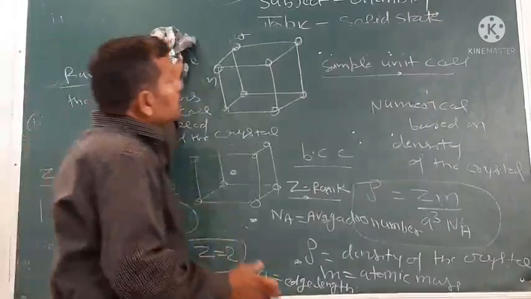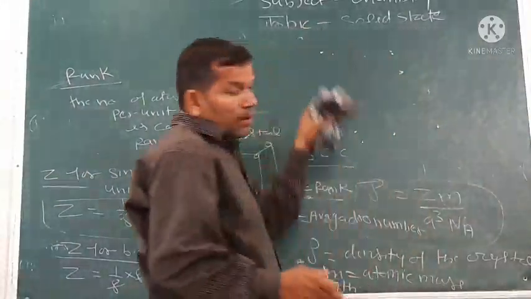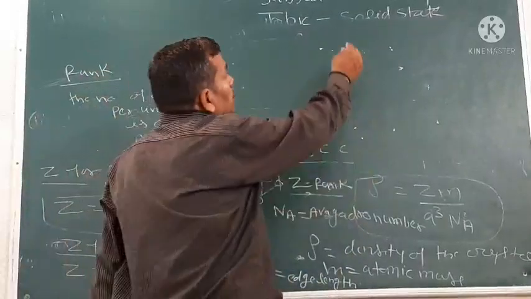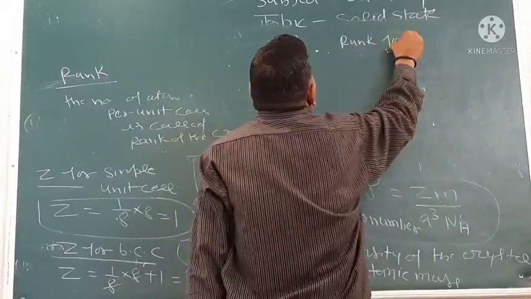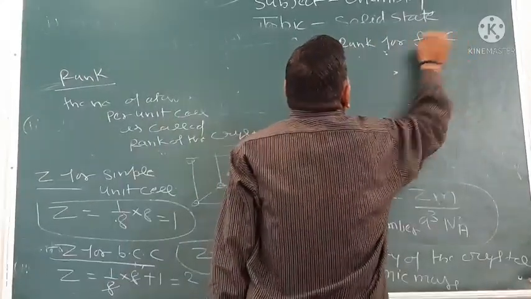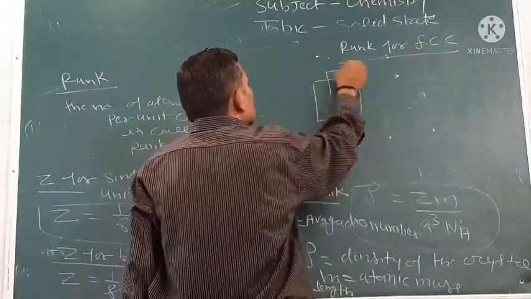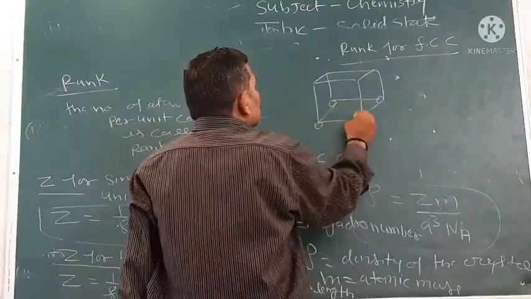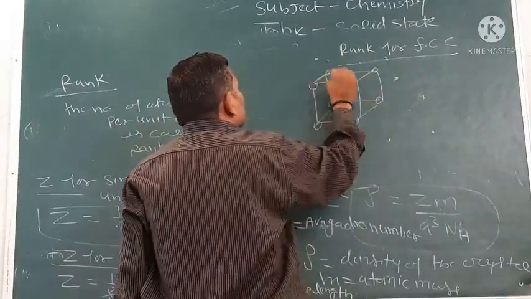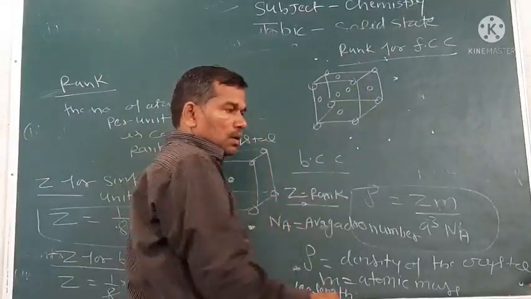And after this, the rank for FCC. FCC means this is the FCC diagram. 1, 2, 3, 4, 5, 6.